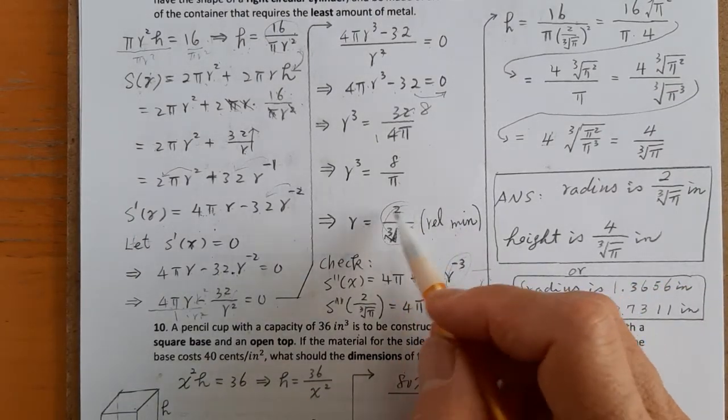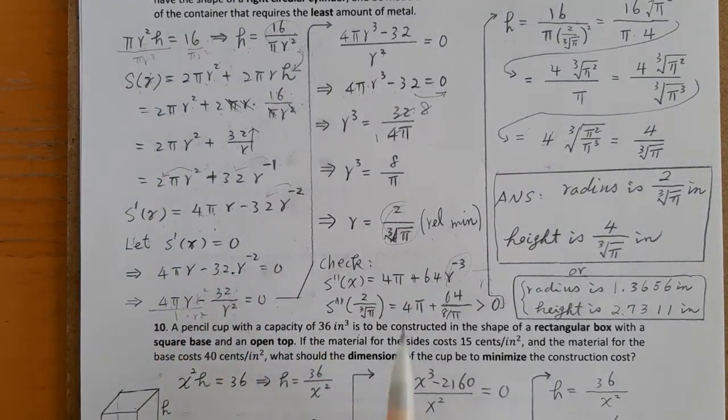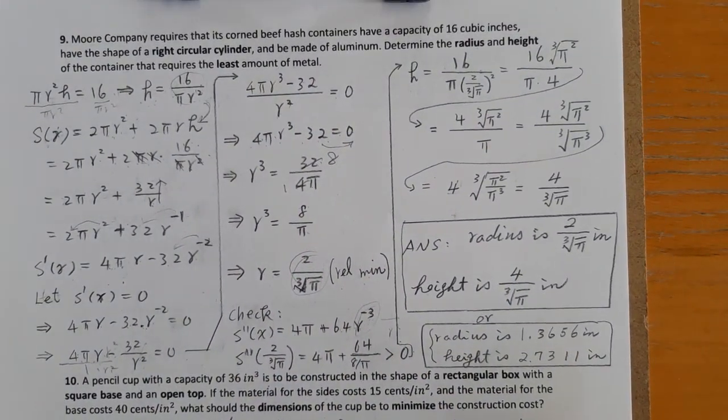So this r makes the original function a relative minimum. So it's a surface area minimum. And that's the radius. That's the least amount of metal. That's r.